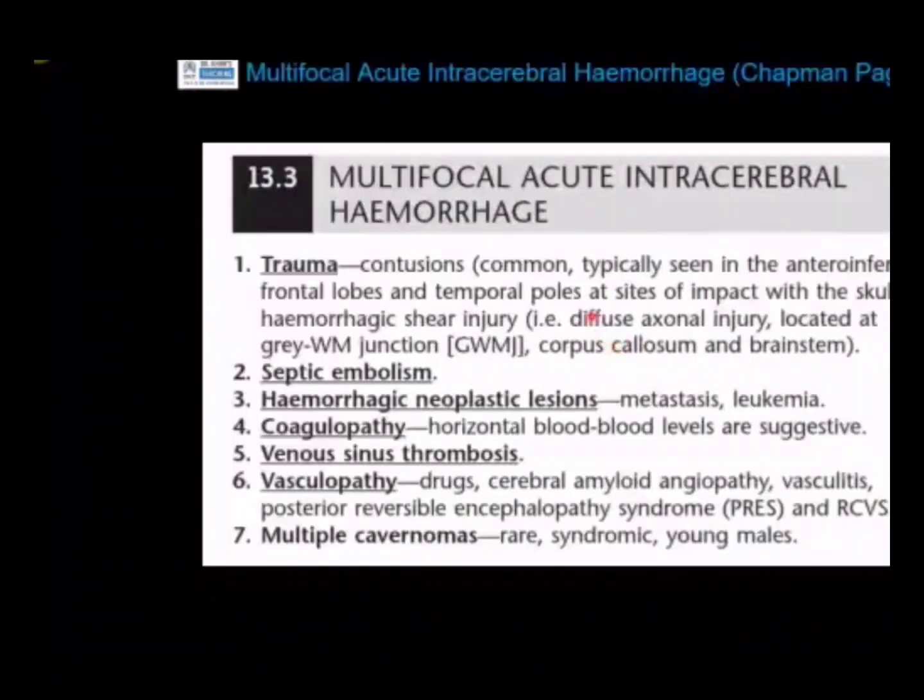Another differential in your Chapman is about trauma, and these are the top sites: diffuse axonal injury located at the gray-white matter junction, corpus callosum, and brain stem. But please remember that other sites can also be involved, and the deeper the site, the worse the prognosis.